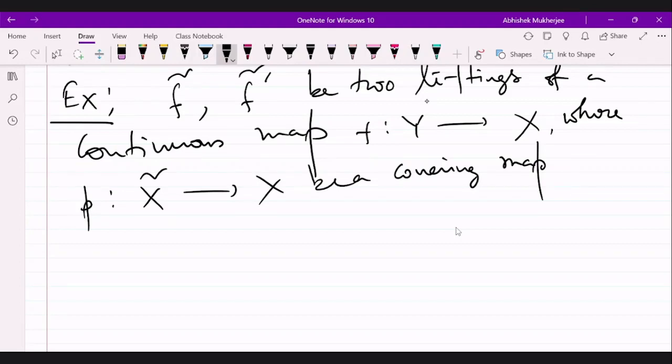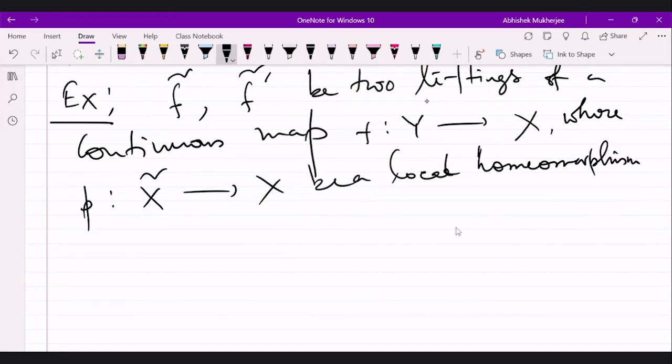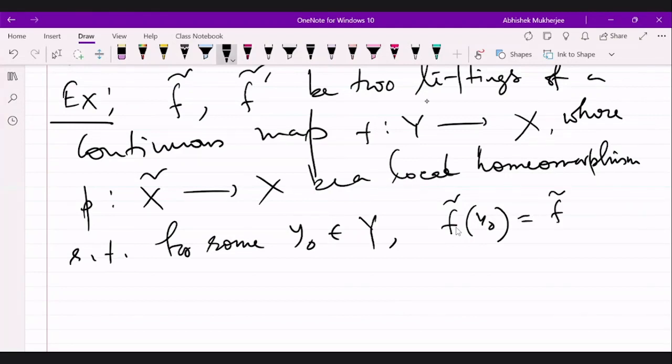Also, let me give you just a local homeomorphism, p being a local homeomorphism, such that for some y naught belonging to Y, f tilde of y naught coincides with f tilde dash of y naught.